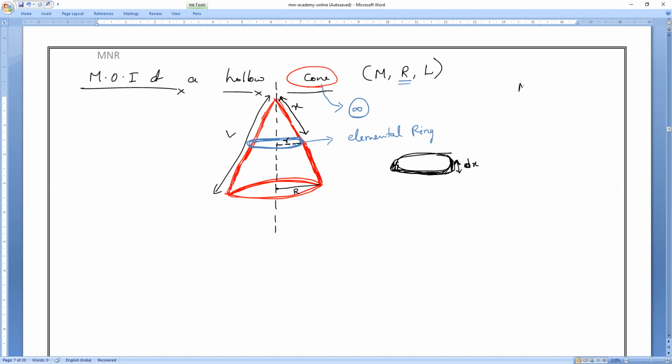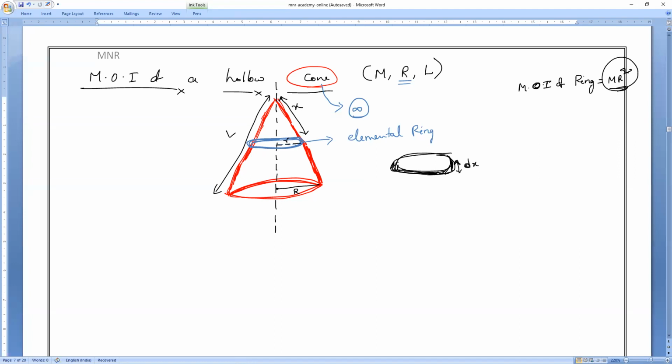Now we all know the moment of inertia of a ring. Can anybody tell me what we have already studied? Moment of inertia is equal to mr square. Please make sure you know all the things we already studied.